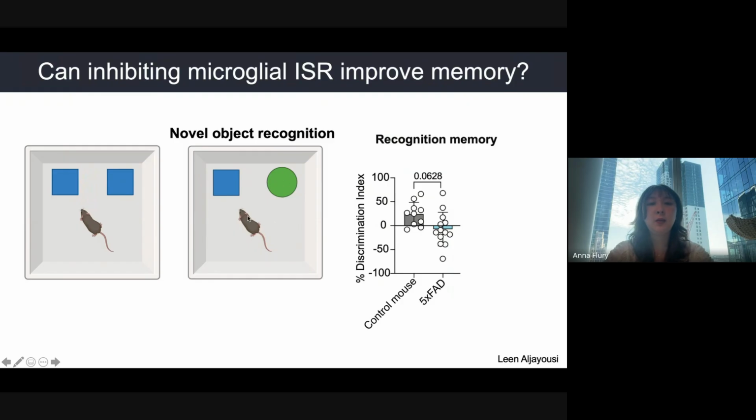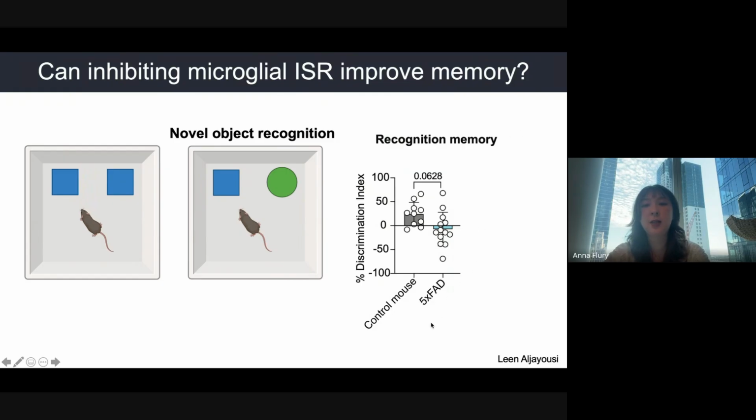If the mouse can distinguish between the object that it's familiar with and a new object, then we say that it has better recognition memory. It is able to remember what is new and what is old, and it will explore the new object a lot more frequently. But if the mouse has trouble distinguishing this, it will explore both objects at the same level, so there will be no difference.